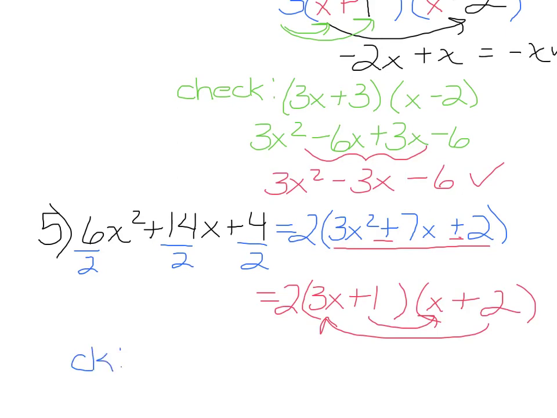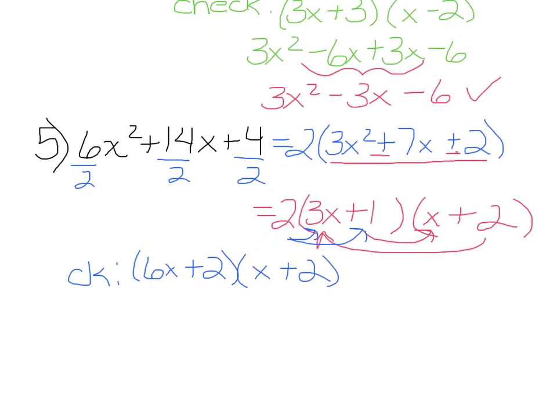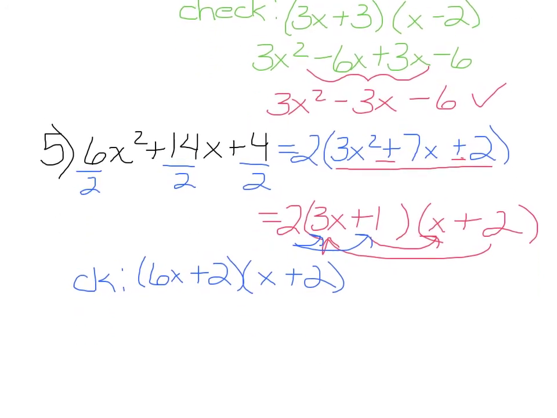Again, I'm just going to distribute the 2 one time into that first binomial, and that's going to give me 6x plus 2, and I'm going to multiply that by x plus 2. And then now I'm going to do the first, outer, inner, last.